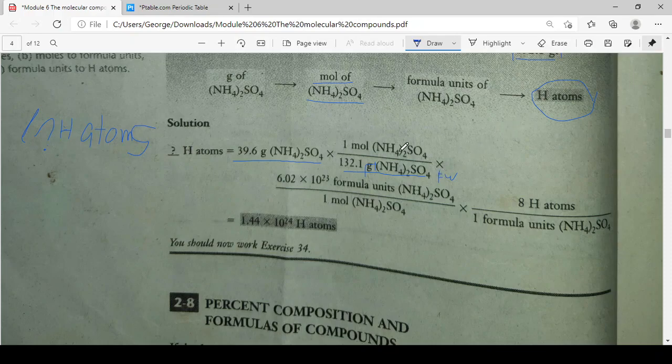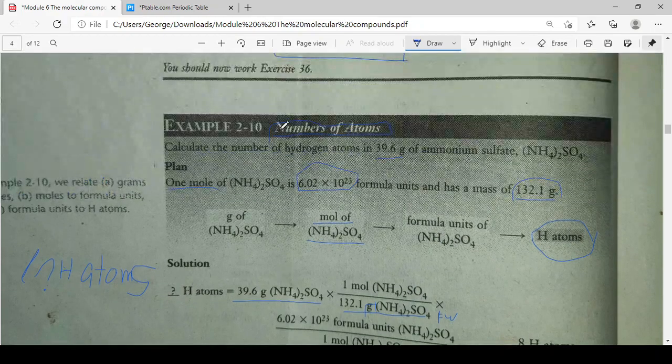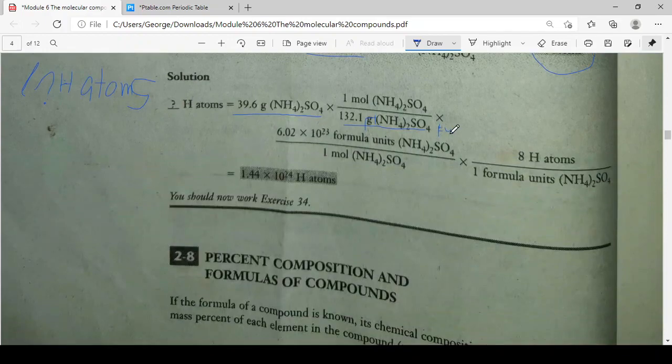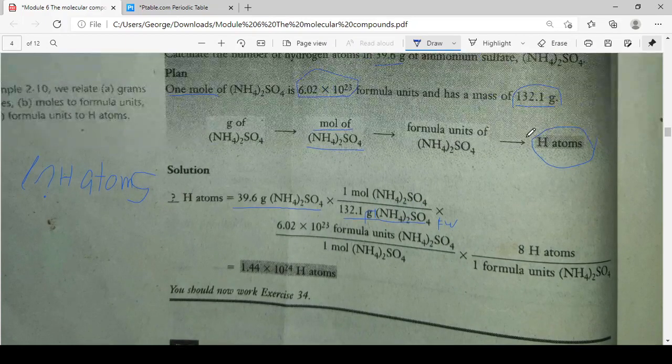Next, now that you have your moles, which is above, you will now write your formula units. After you write your formula unit, which is simply your Avogadro's number, your formula unit is your Avogadro's number when solving your number of atoms. Next, you simply write down your H atoms. How many hydrogen atoms?